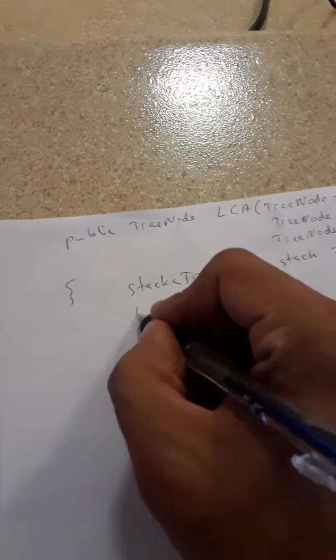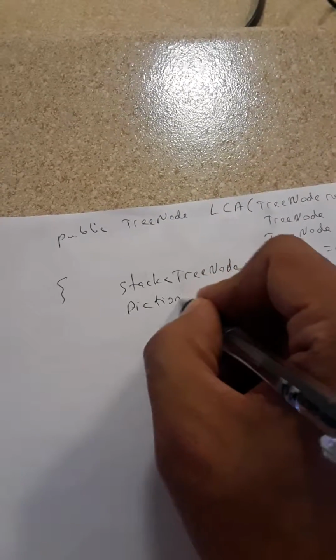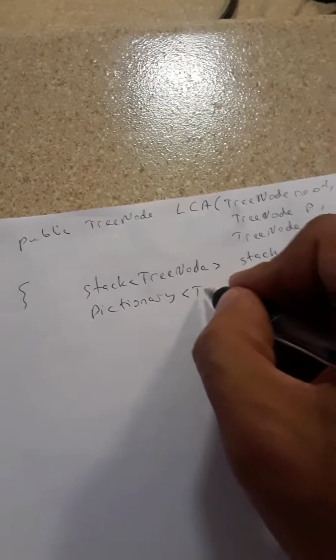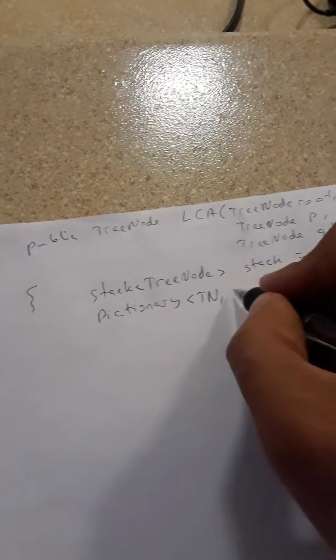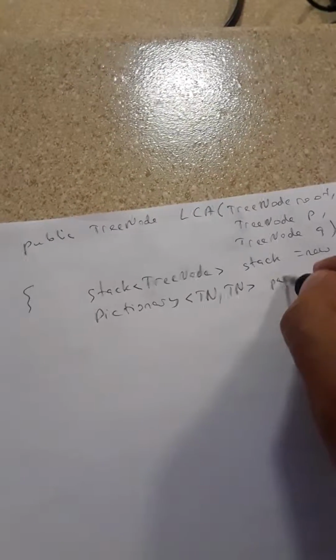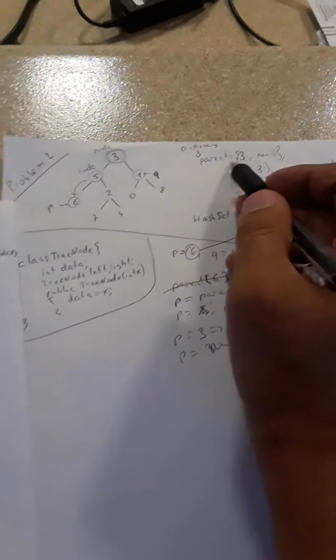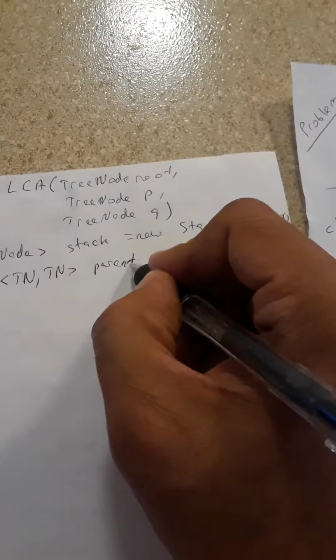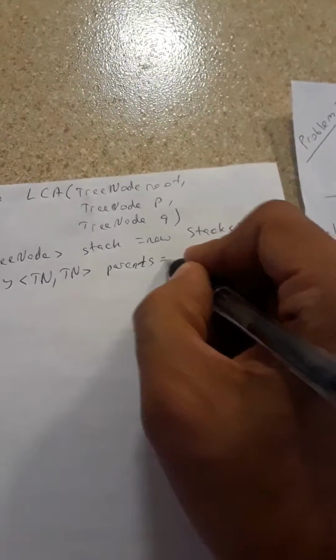Then I will declare a dictionary which will also consist of nodes of a tree, and I will call it parents, as I defined at the beginning of this video.